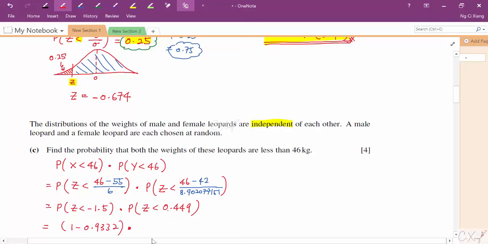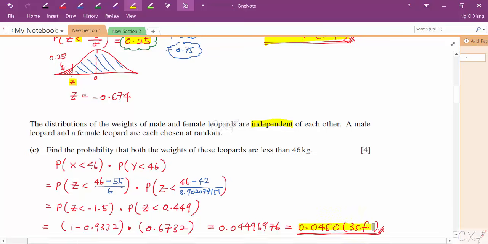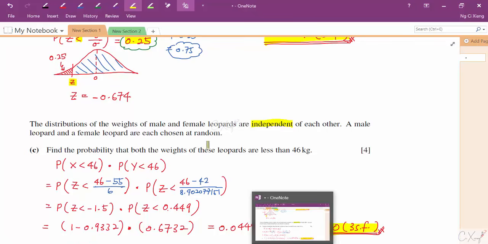So we will put in 0.6732. We will multiply them together, and you'll get a long value again. And of course, I want to cut it short into 3 significant figures, where it will become 0.0450. So this is how we solve this part number C for question number 4.